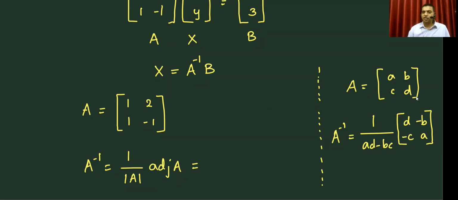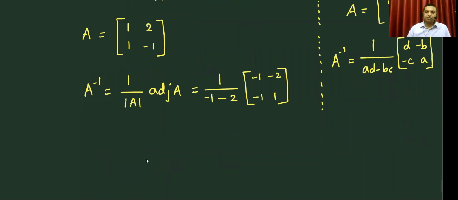So we get 1 by (1 into minus 1 minus 2 times 1) times [minus 1, minus 2; minus 1, 1].